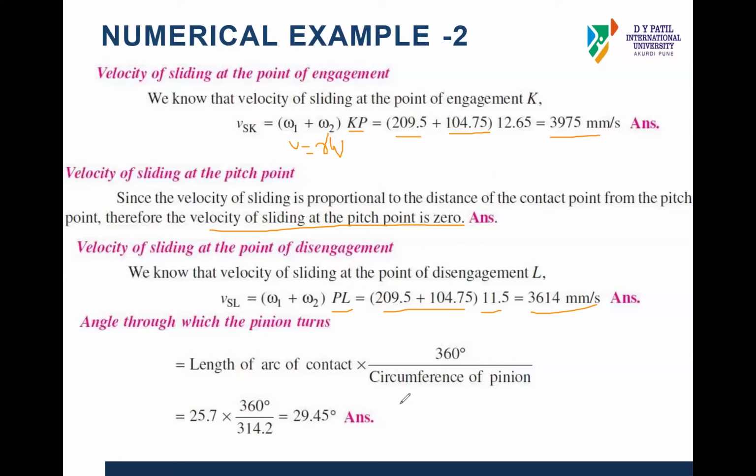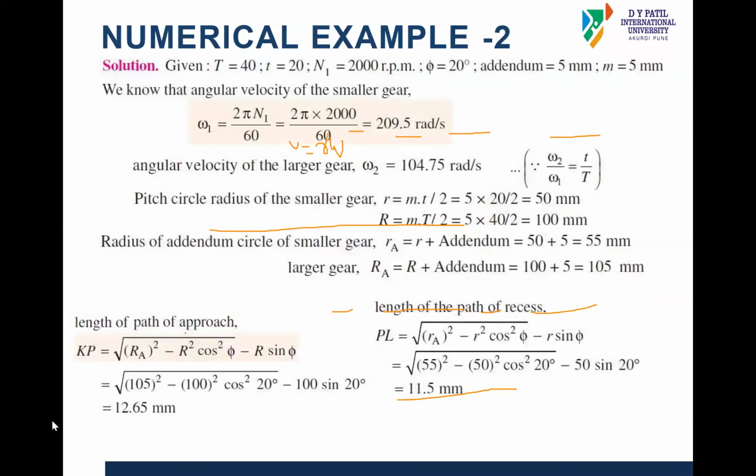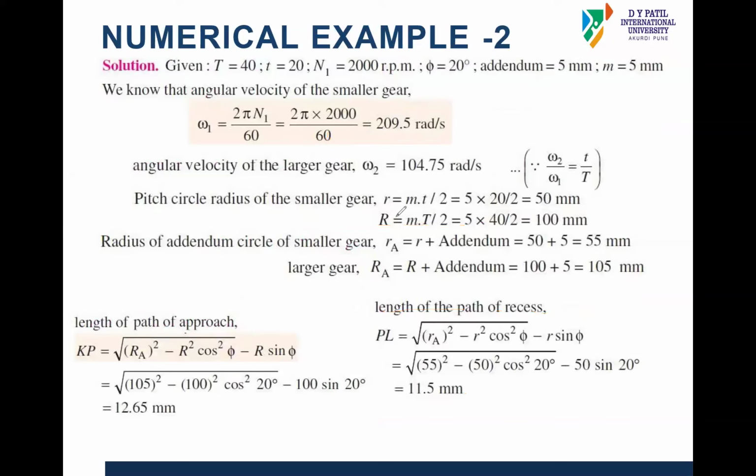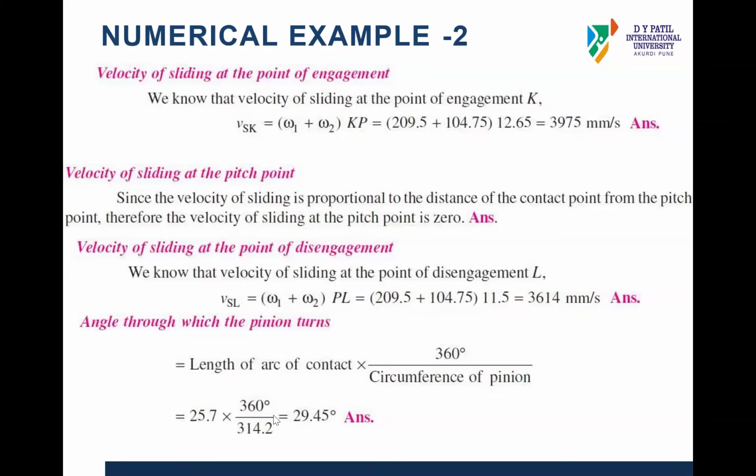We just have to take the circumference, which for the pinion is 2 pi r, where r is the pitch circle radius of the pinion. If you take 2 pi r, you get the angle turned by pinion. If you take 2 pi capital R, you get the value of angle turned by gear. In this way, we can find the angle turned by pinion for the given details. This value is 29.45 degrees.